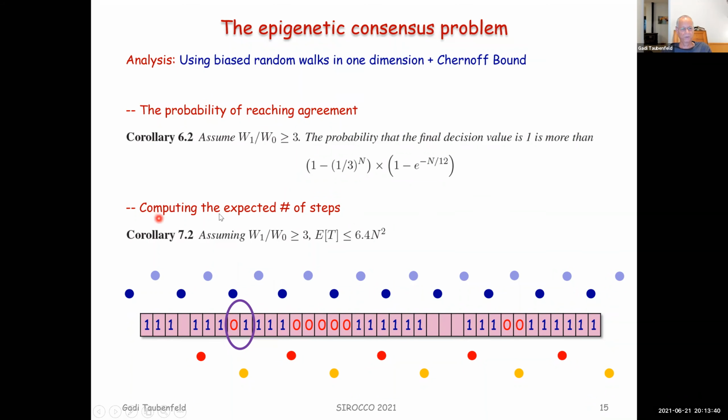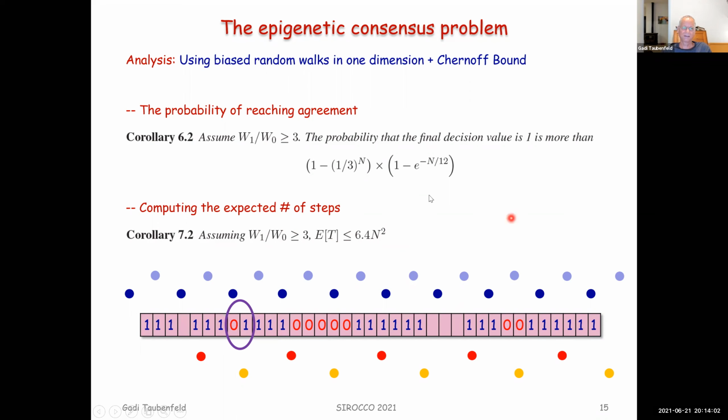And then we also computed the expected number of steps it takes until we converge. Again, in this case, one group is bigger, and we have the expected number of steps until we converge as a function of the size of the array.